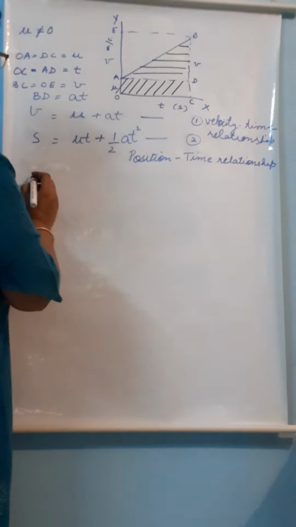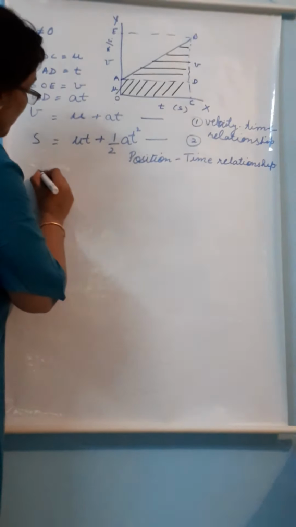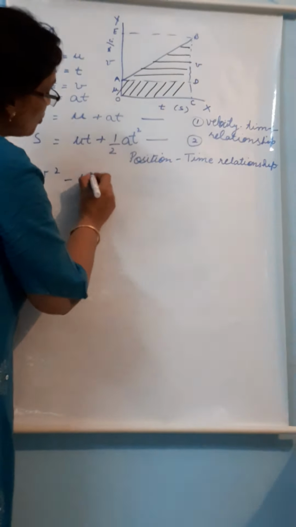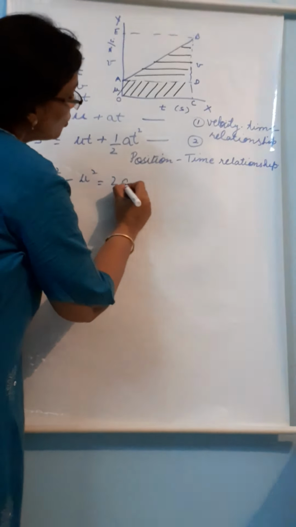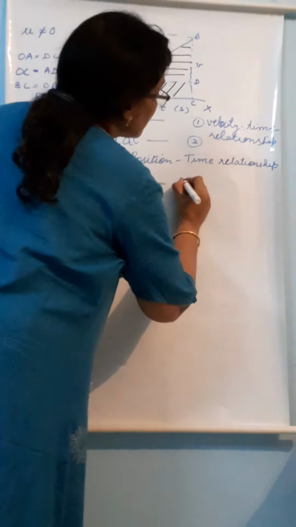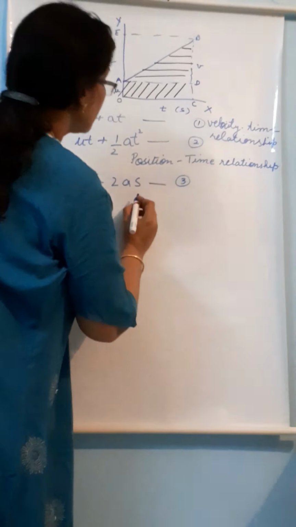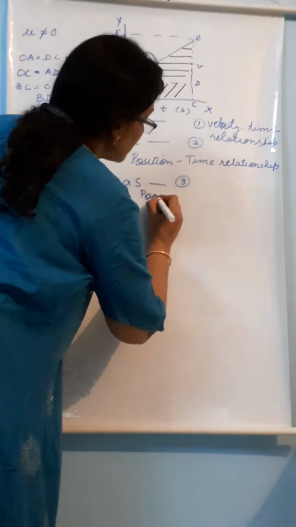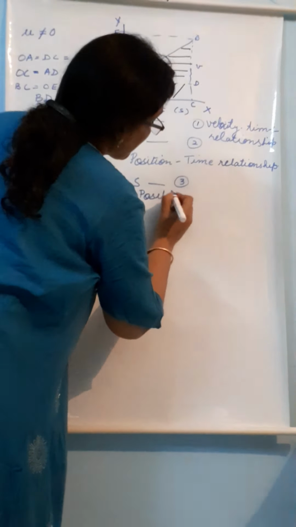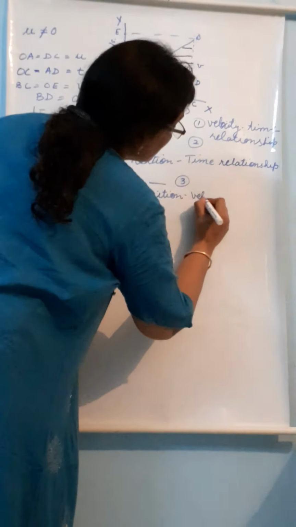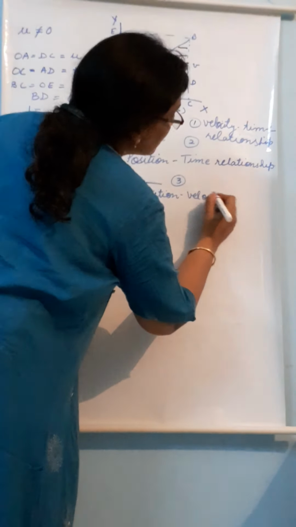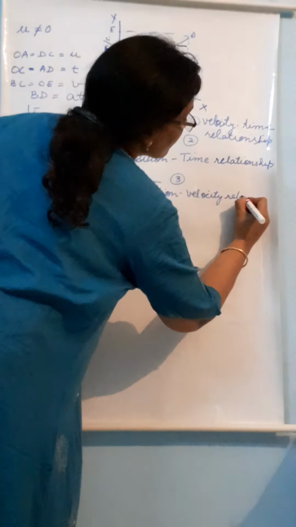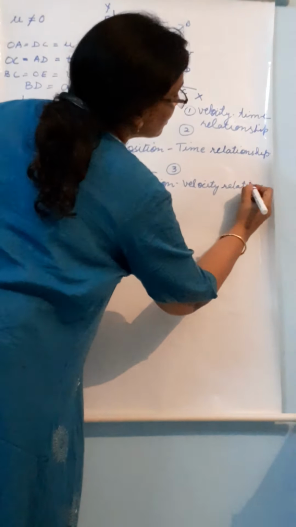Now the third equation of motion says V square minus U square is equal to 2AS. This is the third equation and this is the position velocity relationship. Let's go.